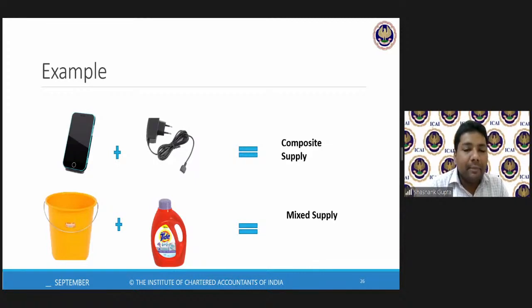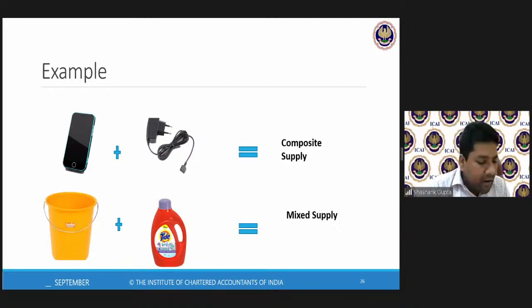It is a mixed supply because this is not happening ordinarily. So mobile with a charger happens every time, right? That is why composite supply. But bucket with a dishwasher or with a washing powder, it's not happening always. It's happening seasonally. So that's a kind of a mixed supply.